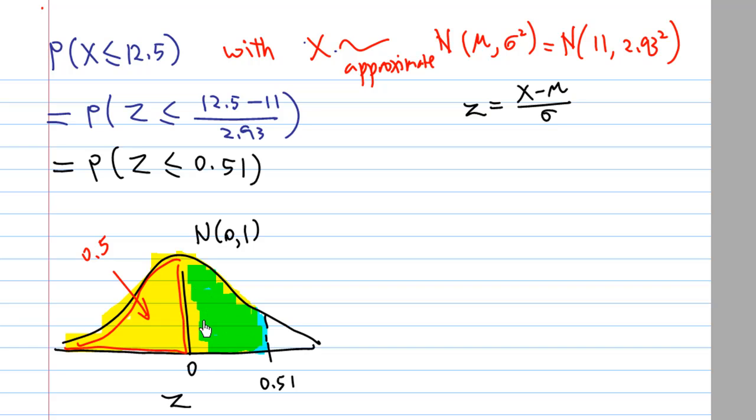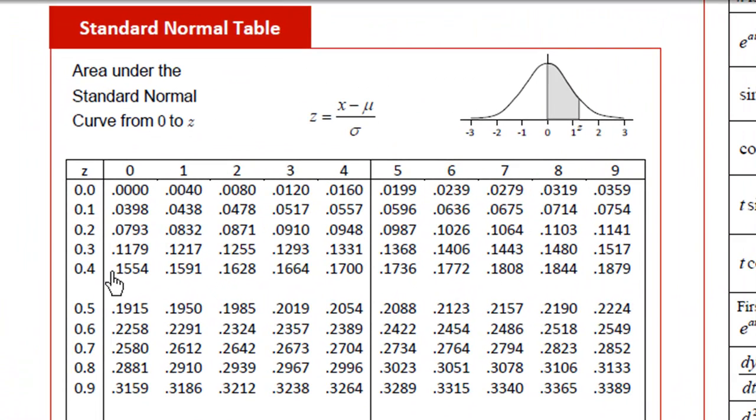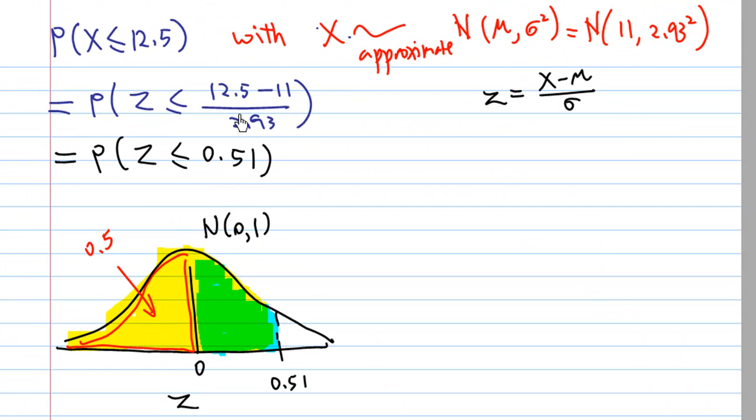Now we check the table over here. So look up 0.51. We find that 0.51 is z, and the area from 0 to z is 0.1950. So we know that this area is 0.1950, so we put it there.